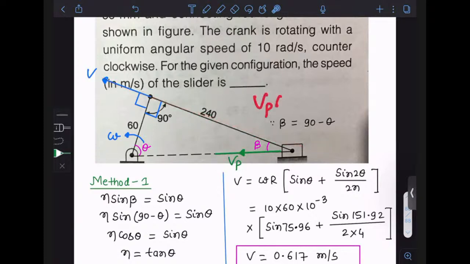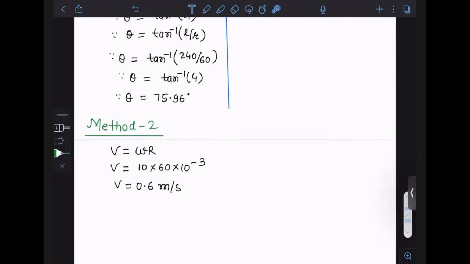See, VP cos beta is equal to V. I am going to write this because in this line we have the velocity and we have to find out the velocity in this direction.